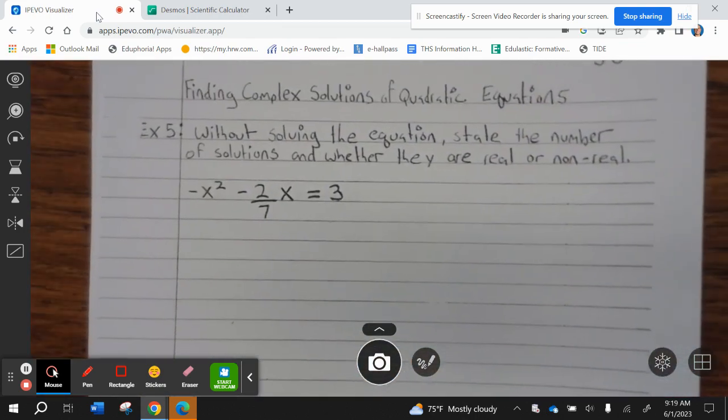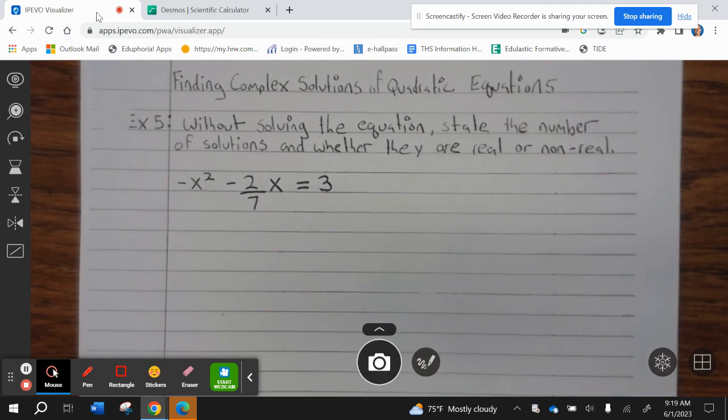All right, example 5. Without solving the equation, state the number of solutions.